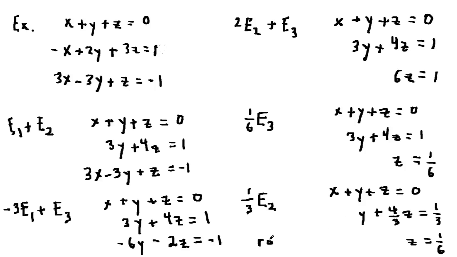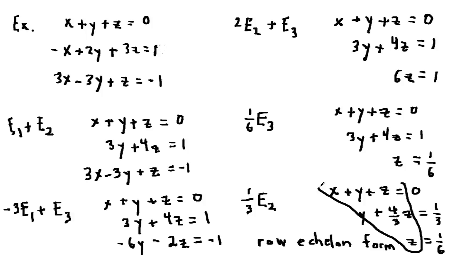Okay, so that's this here. This triangular shape. If we can get the system of equations to look like this, and all the leading coefficients are 1, we say that it's in row echelon form.